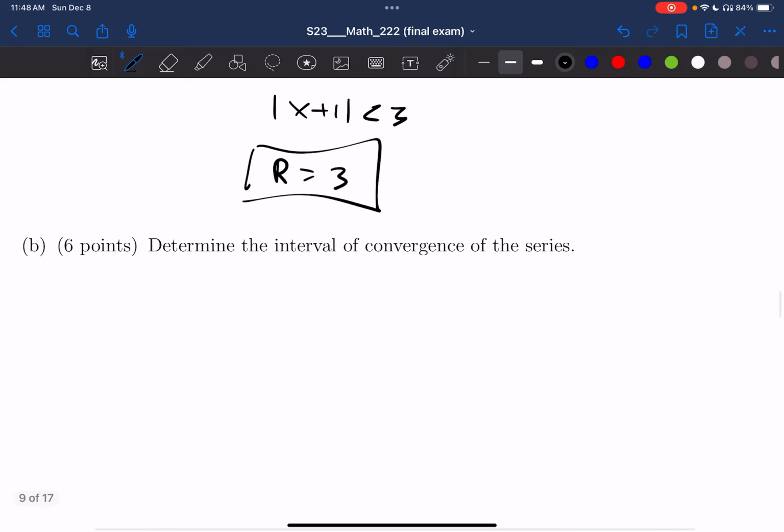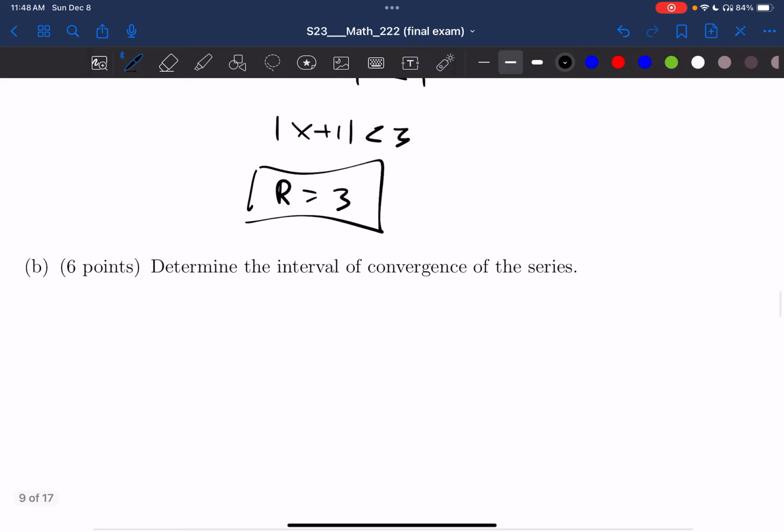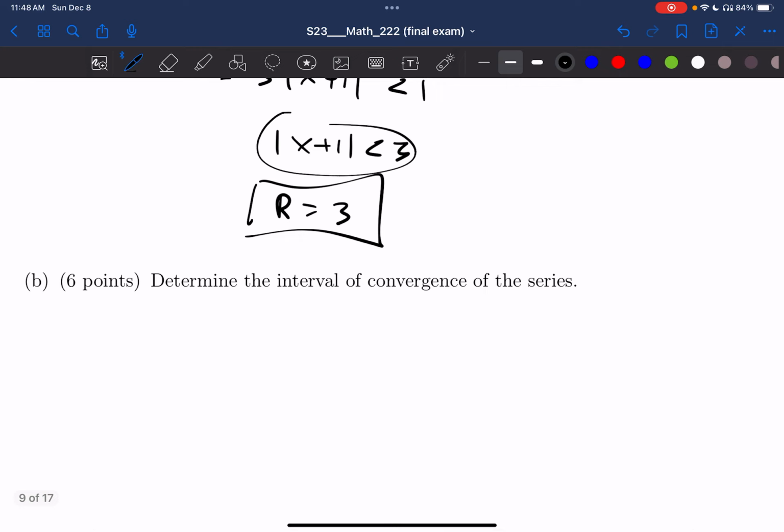Now it wants us to determine the interval of convergence. We can look at this right here and plug in the endpoints to see if it's convergent or divergent. So we have absolute value, which is a piecewise function. So we're going to have x plus 1 is less than 3, which will give us x is less than 2. And we also have negative x minus 1 less than 3.